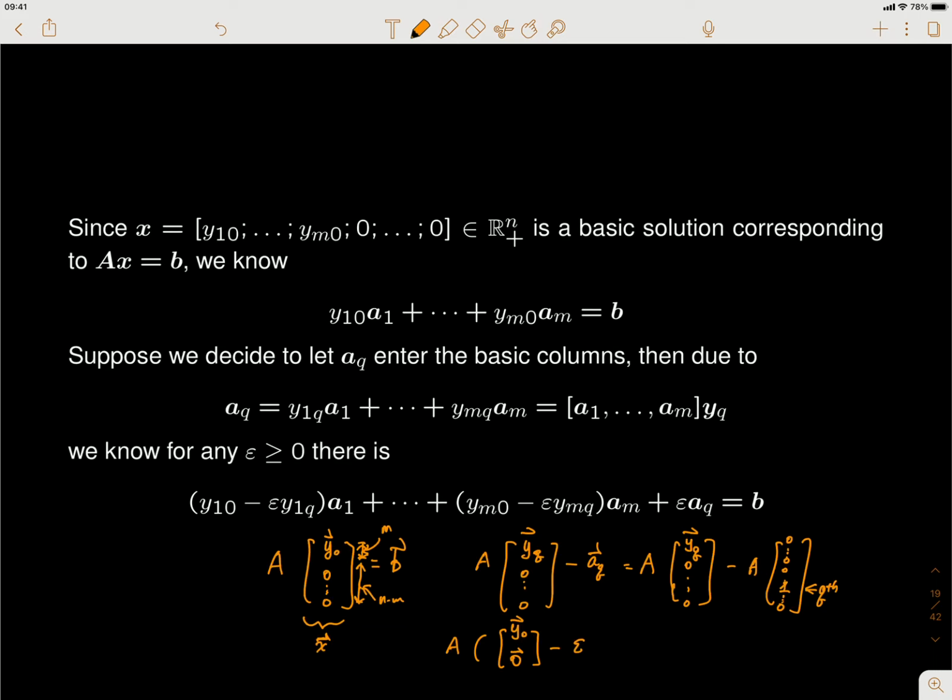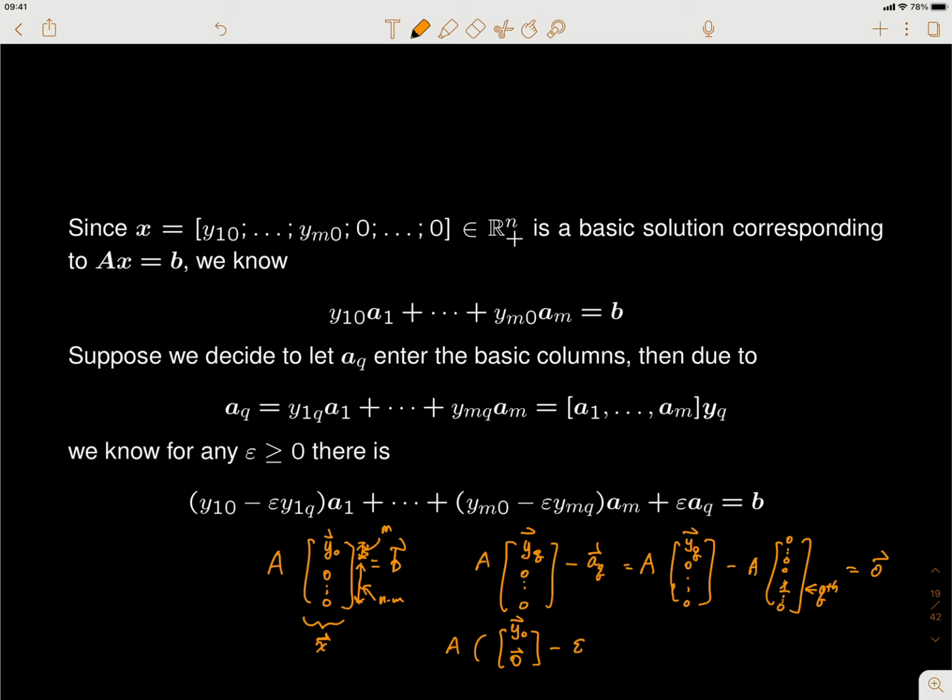Because when I multiply A by this vector, I will just end up with the qth column of the matrix A, since the 1 is the qth component in this vector and all the other components are 0. So this is equal to, as we said, the 0 vector.